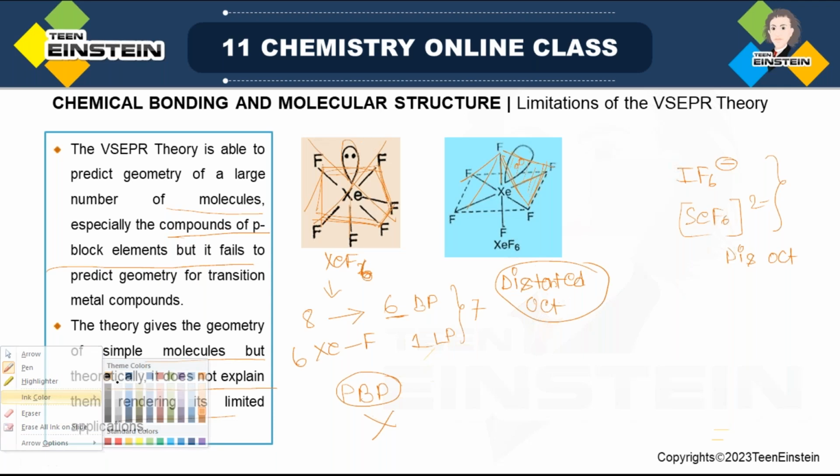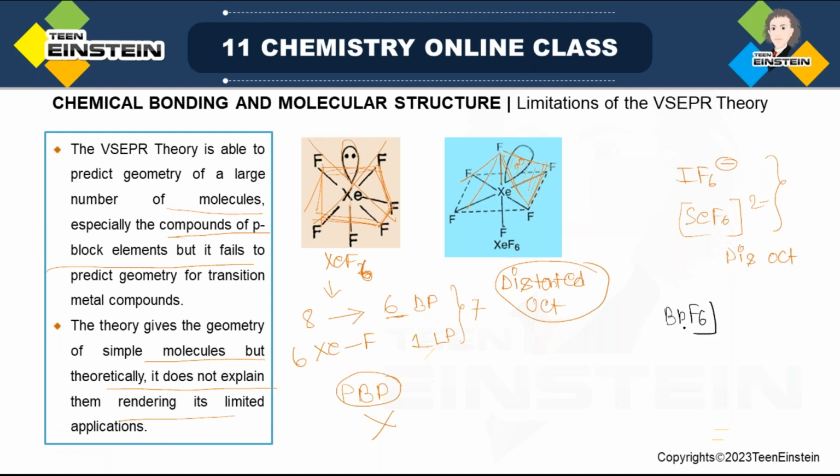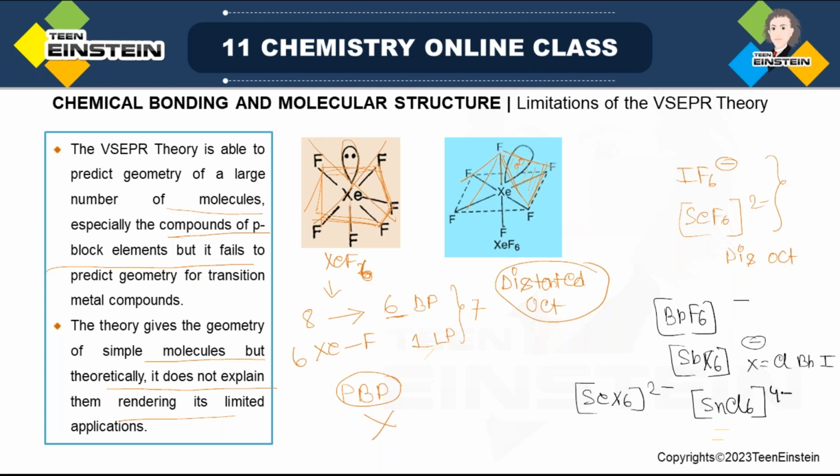And some more limitations are also present, which are BrF6 minus, SbX6 minus, antimony X6 minus, where this X is Cl, Br, I. Then selenium SeX6 2 minus, or tin SnCl6 4 minus.